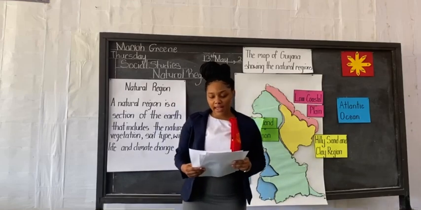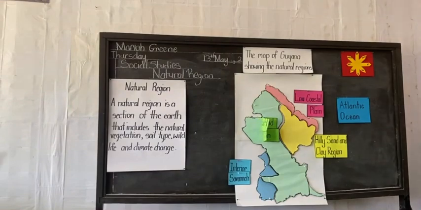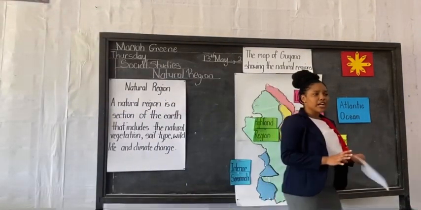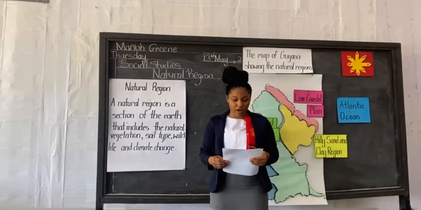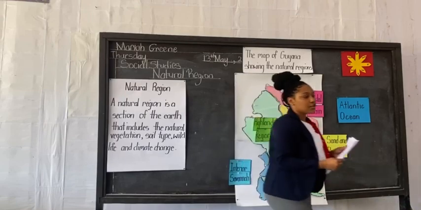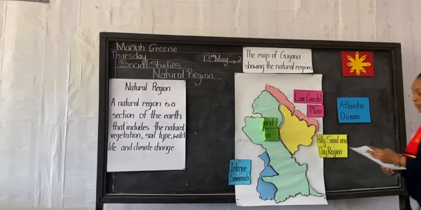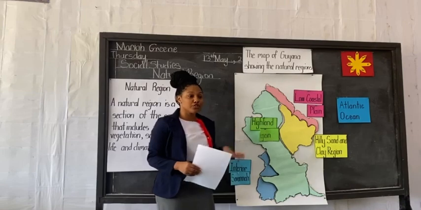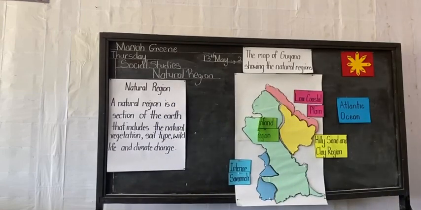So group A, here's your worksheet. Group B, you have to give me the direction or the location of each natural region, right? Okay, so here's group B worksheet. And finally, group C, you have to fix a puzzle of each natural region for me, right? So group C, you have 5 minutes.